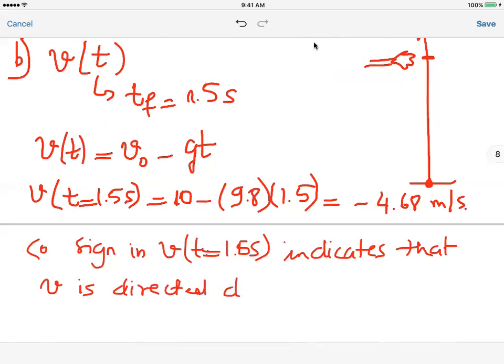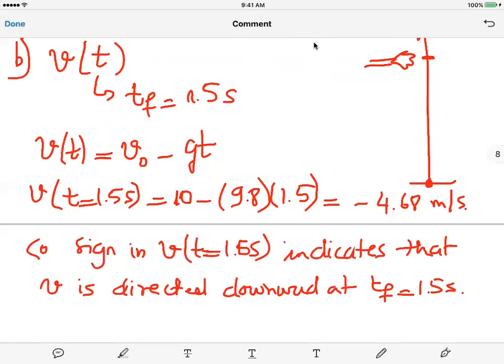At t final equals 1.5 seconds, the velocity was pointing in the opposite direction with respect to the positive y-axis.